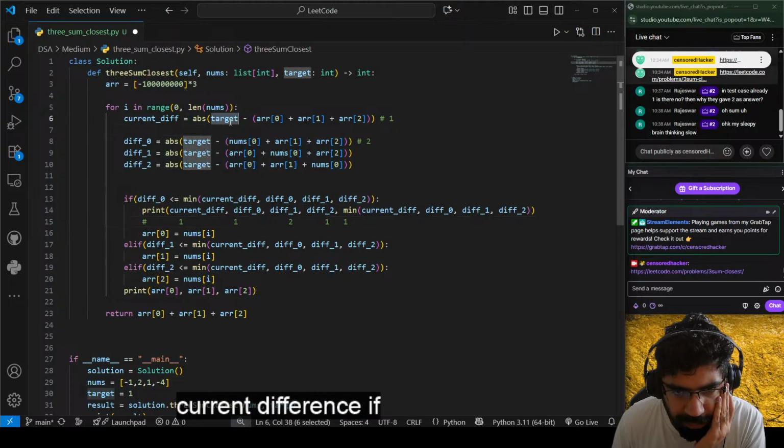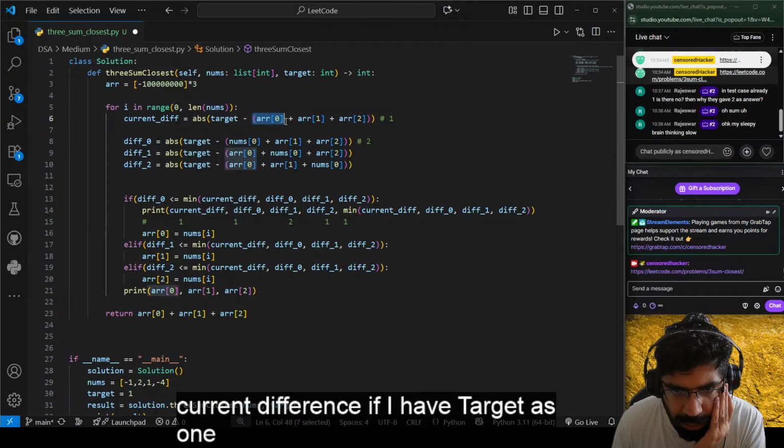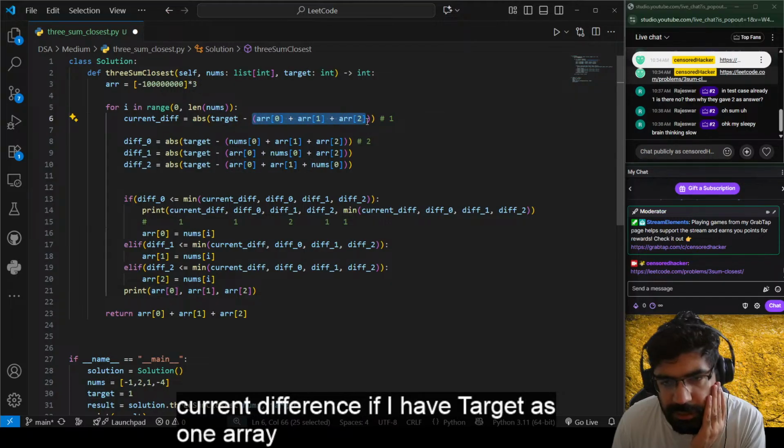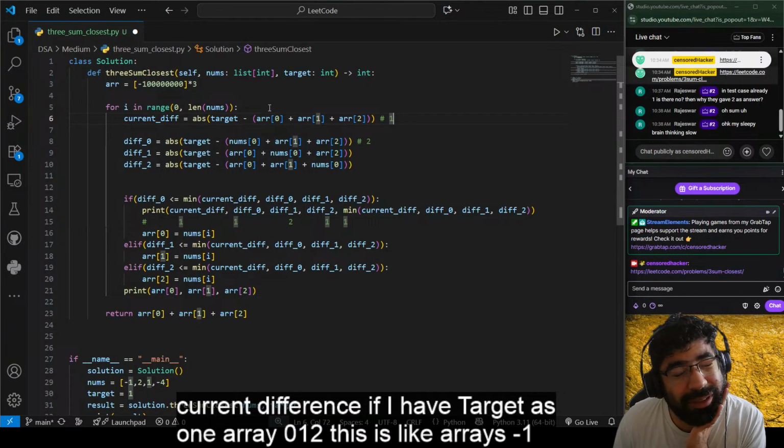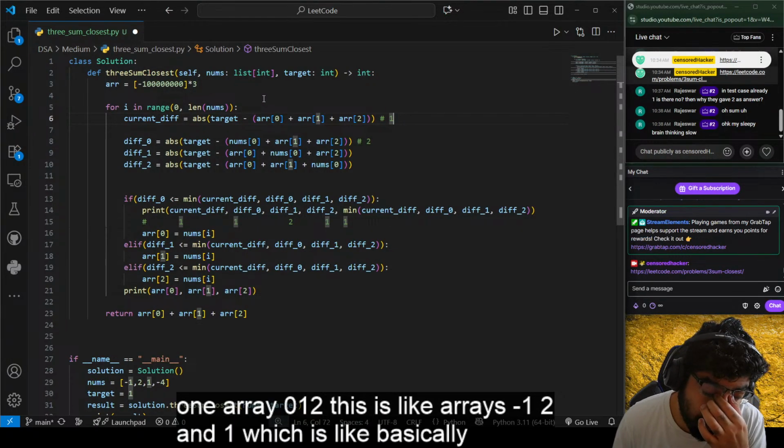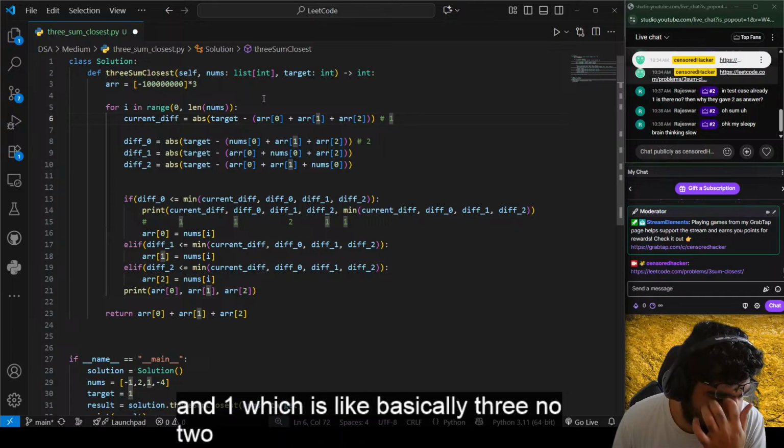Current difference, if I have target as 1, array 0, 1, 2, this is like arrays -1, 2, and 1, which is basically 3, no, 2, 1 minus 2 is 1.